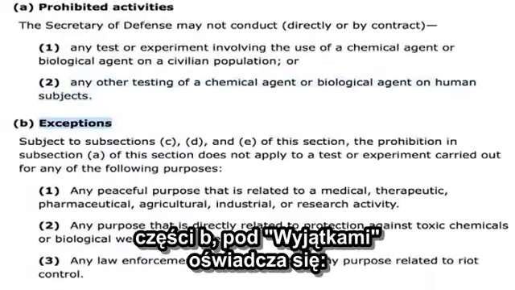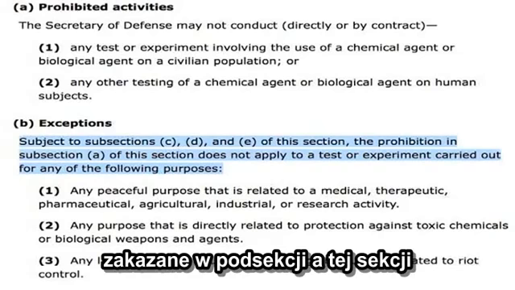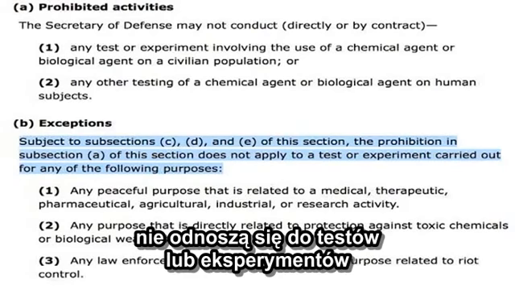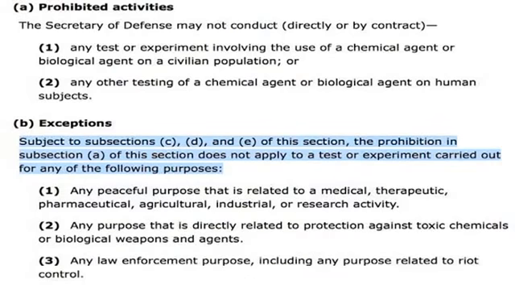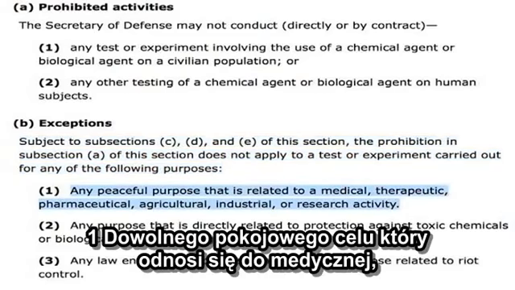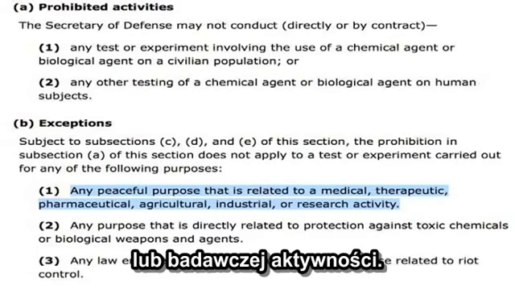Under exceptions, it states, subject to subsections C, D, and E of this section, the prohibition in subsection A of this section does not apply to a test or experiment carried out for any of the following purposes. 1. Any peaceful purpose that is related to a medical, therapeutic, pharmaceutical, agricultural, industrial, or research activity.